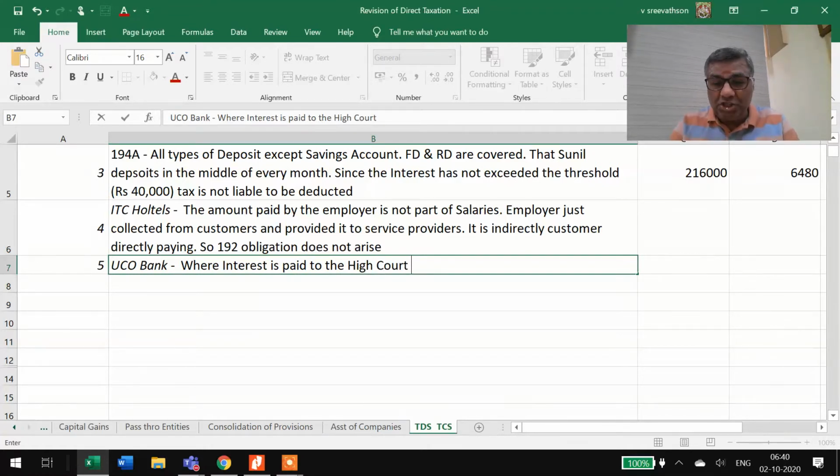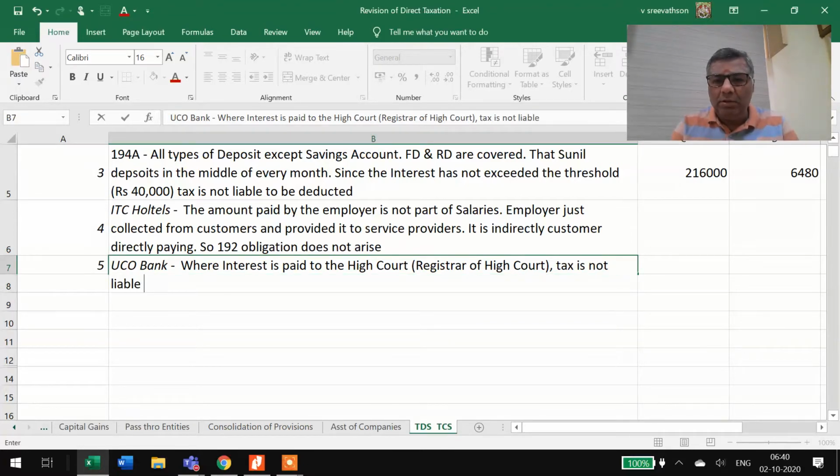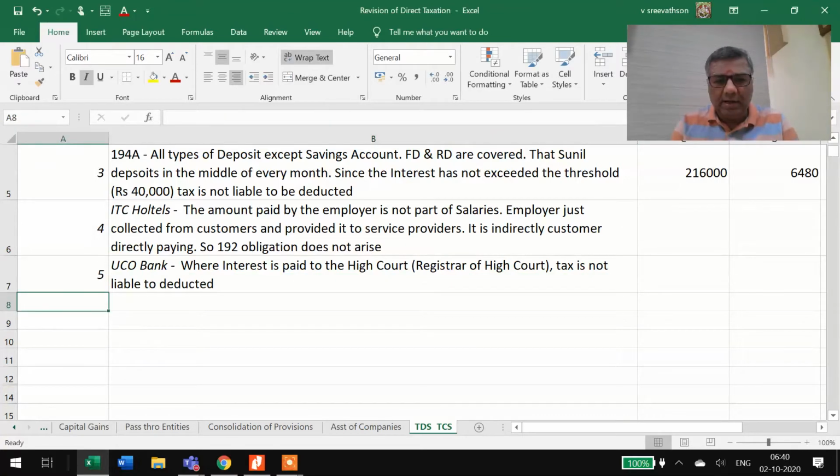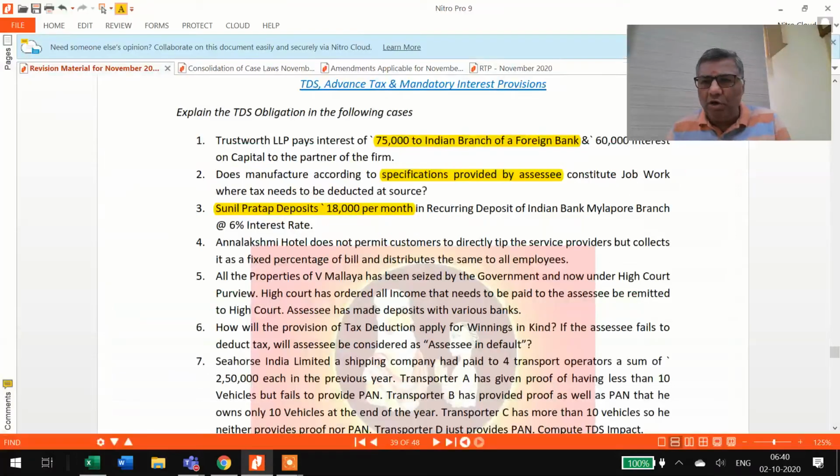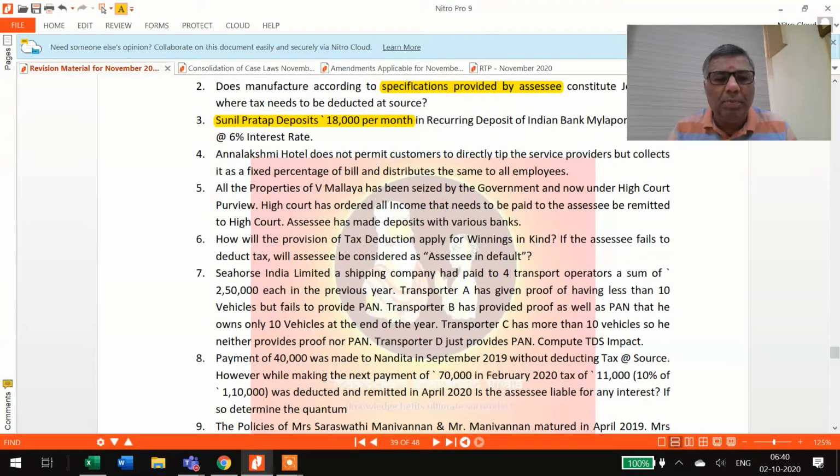Taxes are not liable to be deducted. When it goes to the ultimate beneficiaries, tax applies. This is paid to the government, so tax is not liable to be deducted.